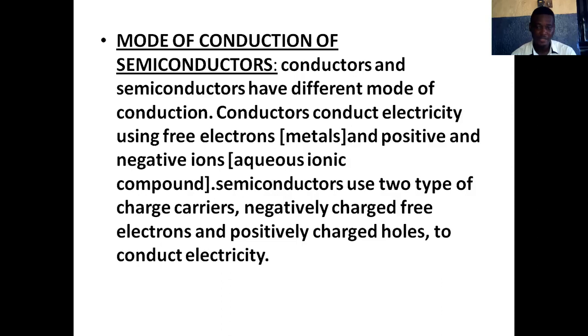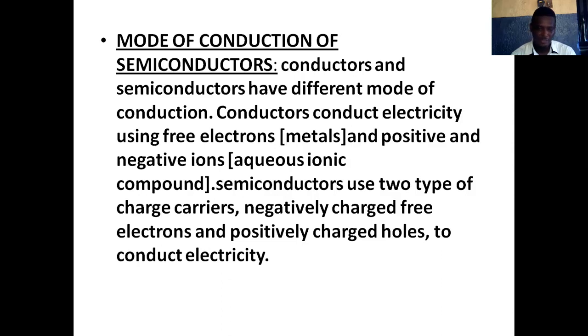And why are they called free electrons? They are called free electrons because the electrons are readily available for what? For the conduction of electricity. And they are free electrons because they are not firmly bound to the atom. So the difference between a conductor and an insulator, if we must digress a little, is that in conductors, the electrons are free.